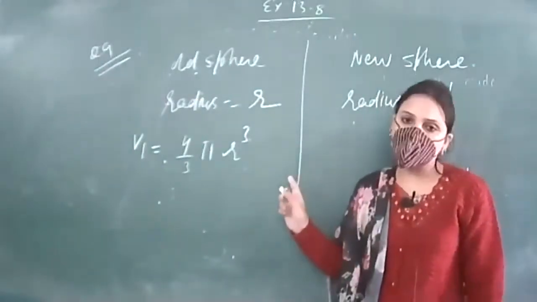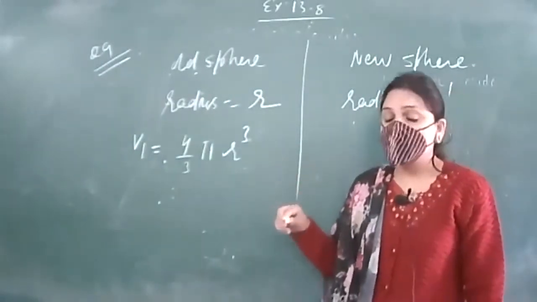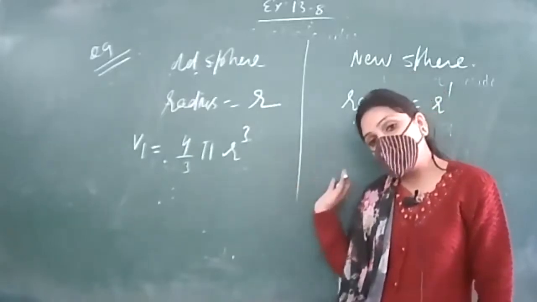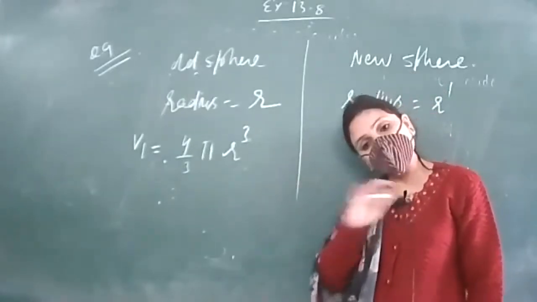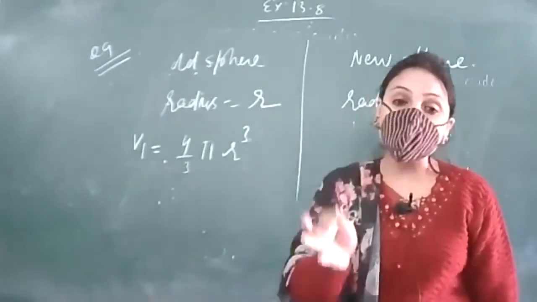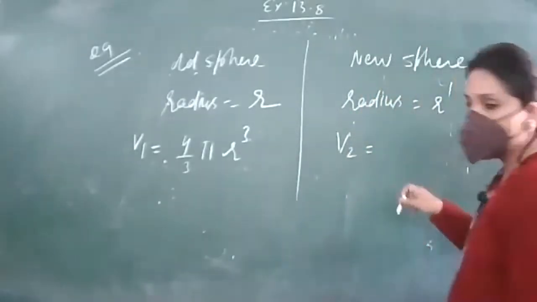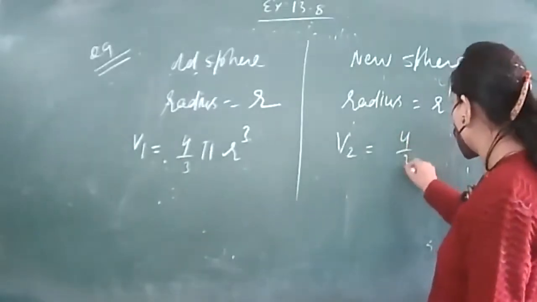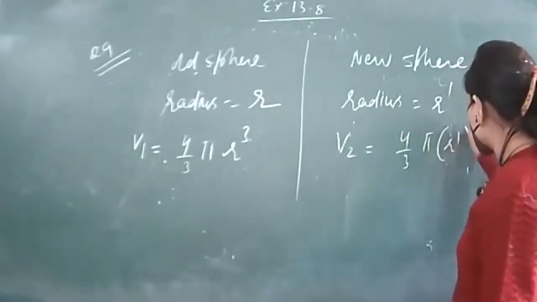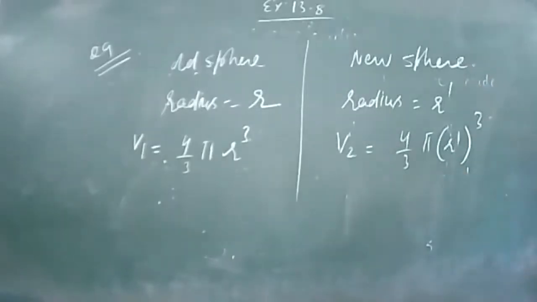No need to put the value of pi, because when it is the concept of equality of two things or the ratio of two things, no need to put pi. Pi will get cancelled itself. Right? Let us take V2 to be the volume of the new sphere. This is 4 by 3 pi r dash cube. So volume we have found out.